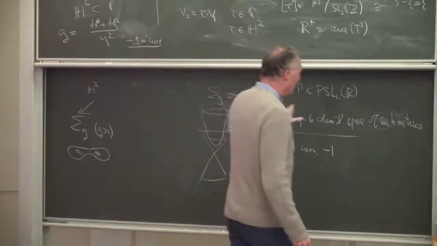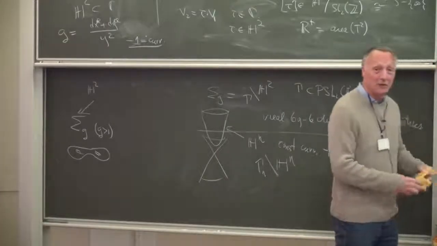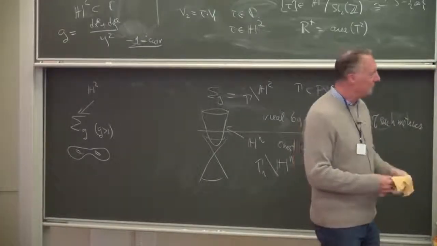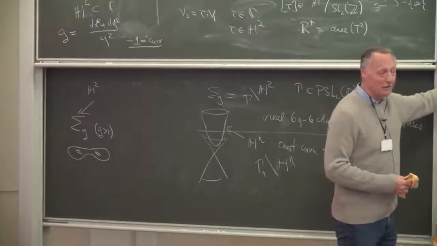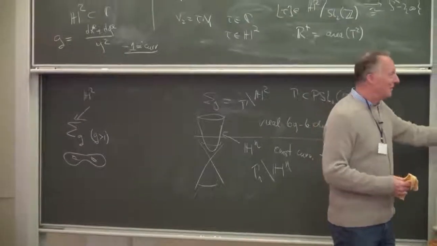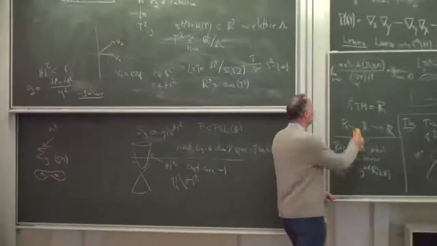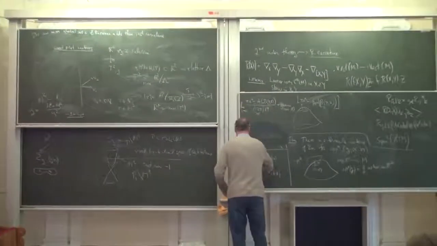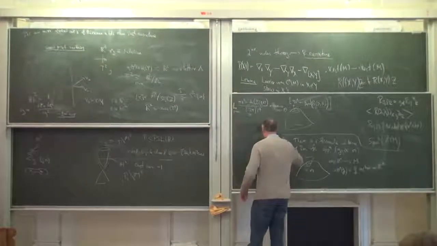But most manifolds don't admit those kinds of metrics, and I'll talk about that when I do Ricci flow in the second part. I'll talk about dimension 3, where it's not true, but it's almost true. In higher dimensions, it's far, far from being any relationship.